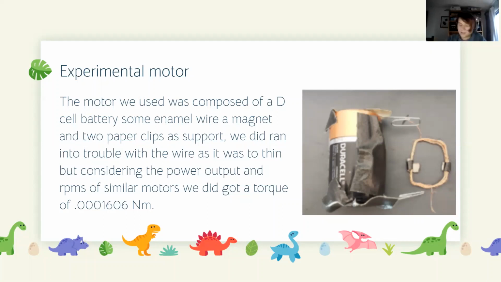Using the formula for torque, being 9.5488 times the kilowatts, all over the RPM, we did get that the motor would have a torque around 0.001606 Newton meters, which is pretty much in line with the theoretical value.